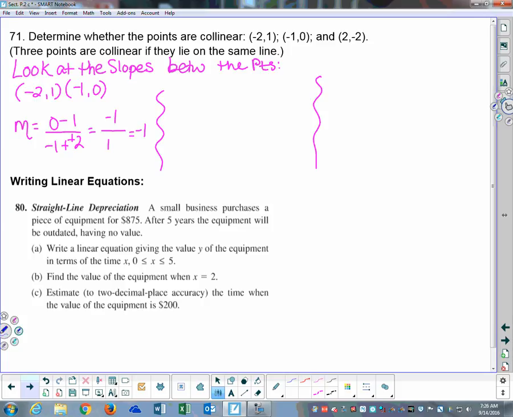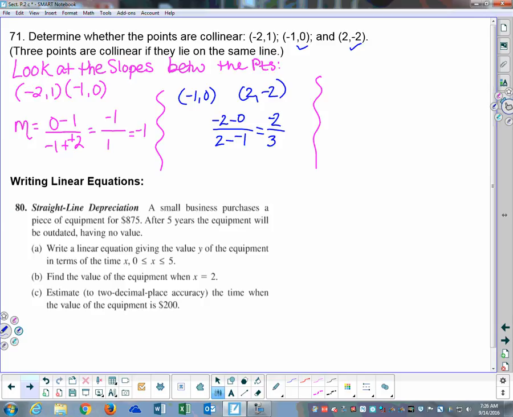So I'm going to use this point and this point. So negative 1, 0, and 2, negative 2. Y minus y, x minus x, negative 2 over 3, negative 2/3.